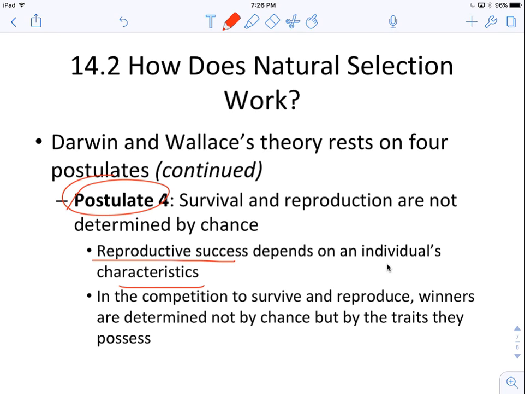So in the competition to survive and reproduce, the winners are determined not by chance, but by the traits they possess. Those traits are then passed on to future generations, and they slowly modify organisms as they go along. Again, that's the descent with modification.